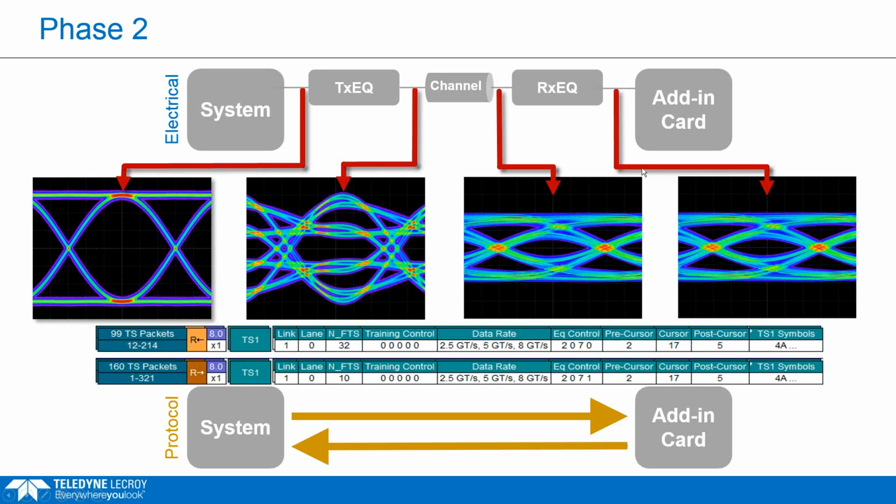And then again, the add-in card, once it sees this confirmation, is going to take a look at the signal it's receiving, and it's going to optimize its TXEQ settings to open the eye as much as possible. So it's going to continue to repeat this process a number of times, and how many iterations it goes through is implementation specific.